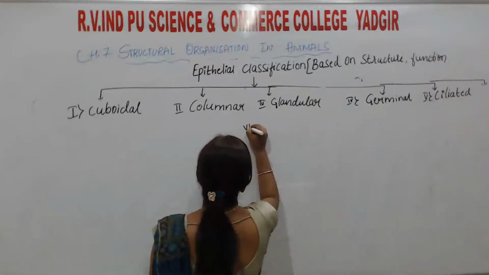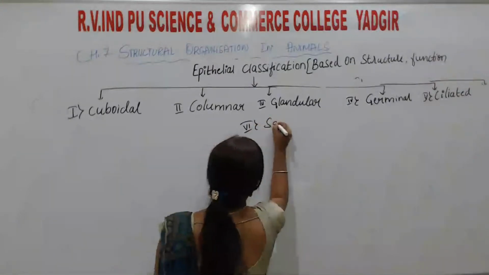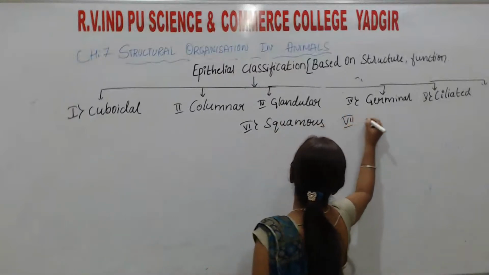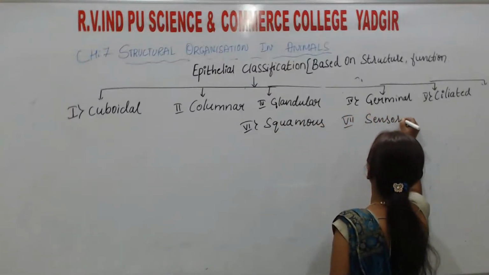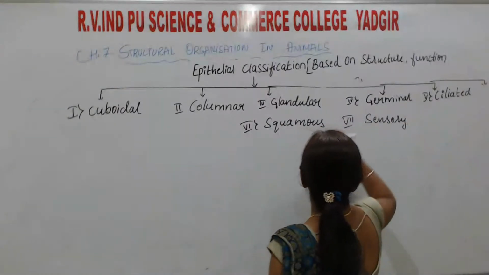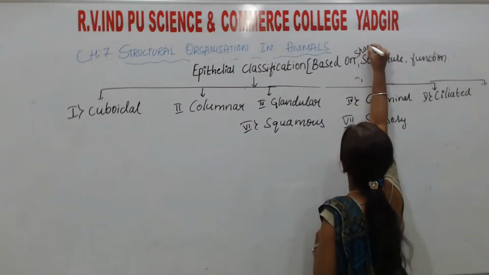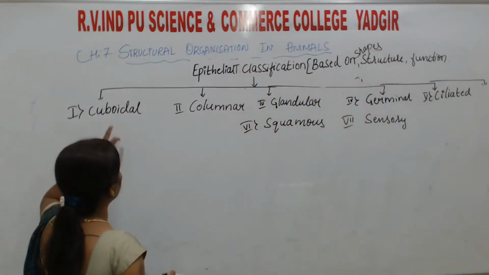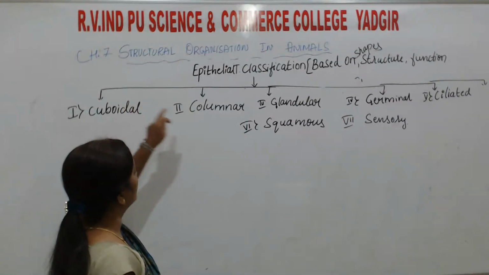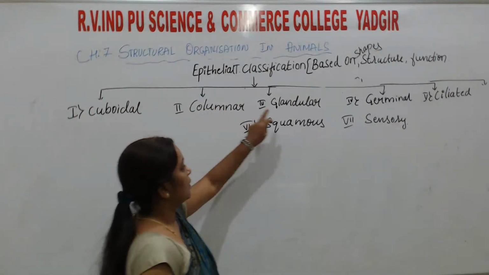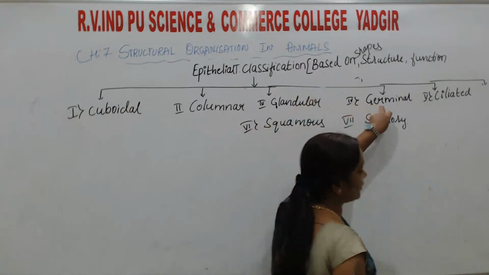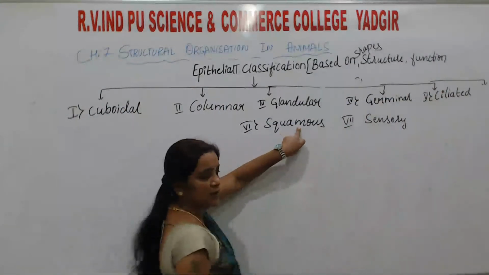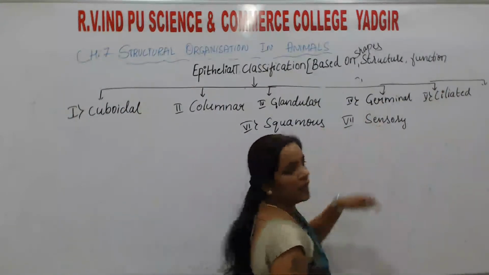I'll continue that. Based on the structure, shapes and function, epithelial tissue is classified into cuboidal epithelium, columnar epithelium, glandular epithelium, germinal epithelium, ciliated epithelium, as well as squamous epithelium and sensory epithelium.